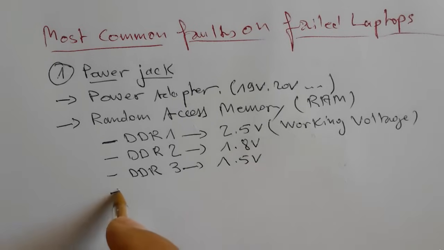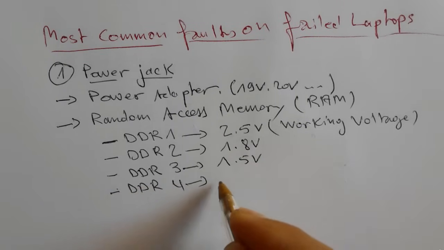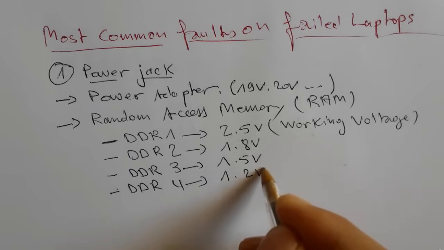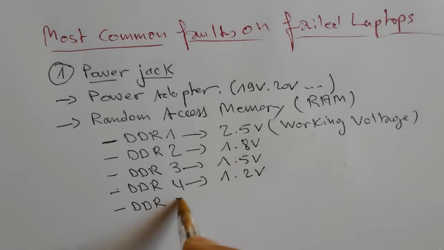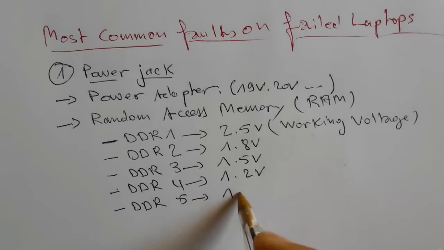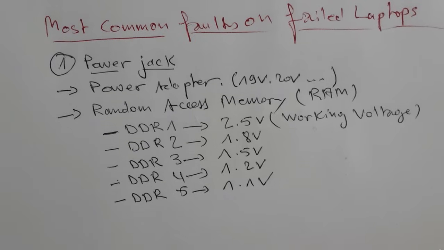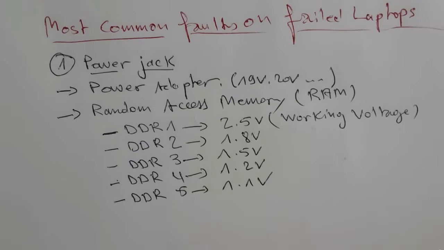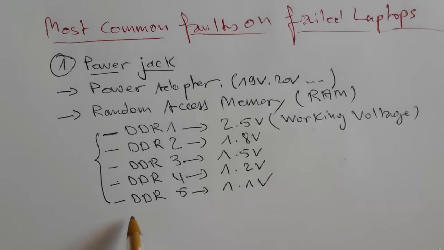The fourth type of RAM is DDR4 with a working voltage of 1.2 volts, and DDR5 with a working voltage of 1.1 volt. This DDR5 is a very improved RAM that has a very high frequency. We find it in modern laptops.